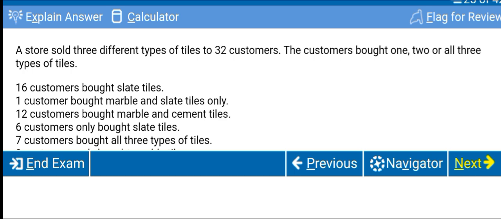A store sold three different types of tiles to 32 customers.